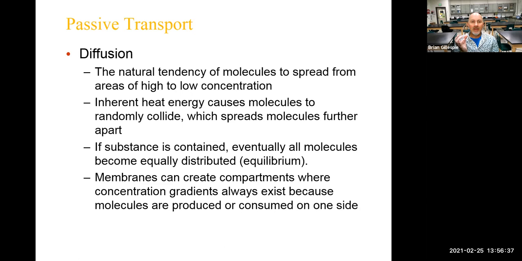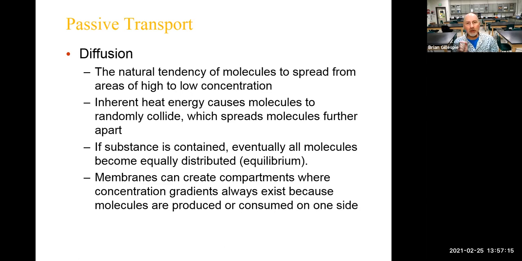They create containers in such a way, and because of the selective permeability of membranes, can often create regions where a concentration gradient always exists, because molecules may diffuse from one side of that membrane where they're more concentrated, diffuse across the membrane to where they're less concentrated, but then as they get inside that membrane compartment, those molecules are chemically consumed or altered so that they're no longer that type of molecule.